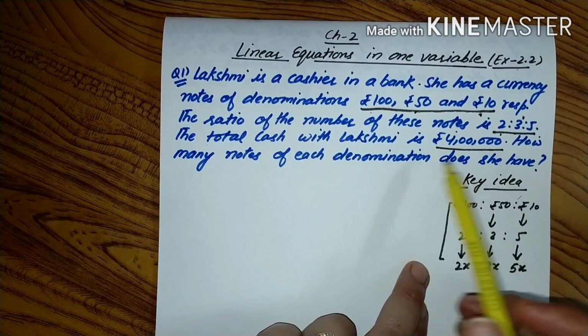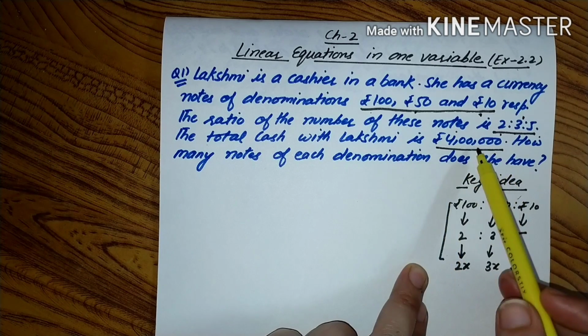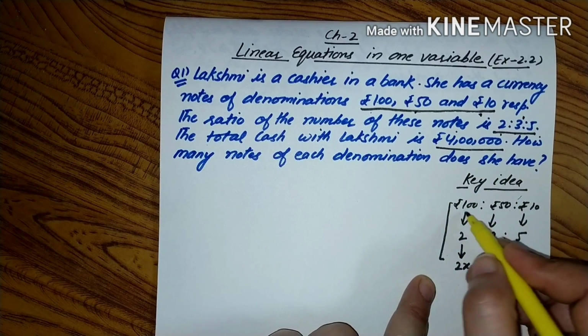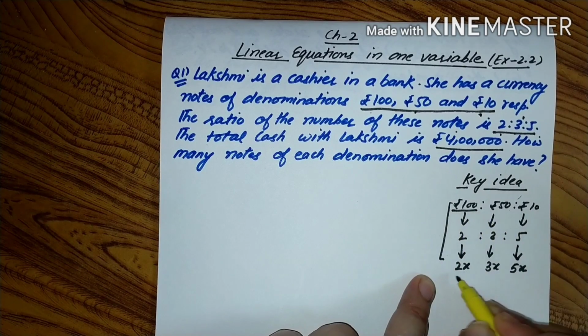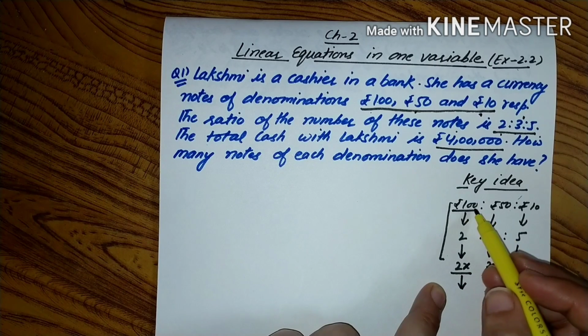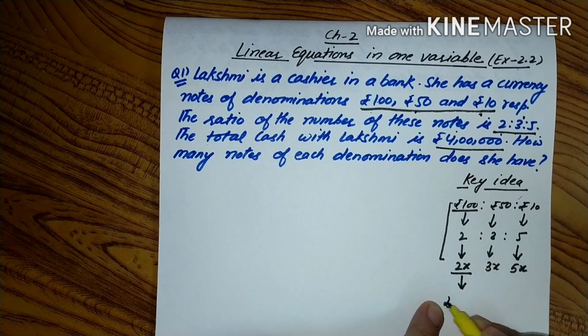After that they are talking about the total cash with Lakshmi, that is 4 lakh. So how will we get the total cash? When we multiply rupee 100 by the number of notes, that is 2x, we will get rupee 100 into 2x, that is rupees 200x.